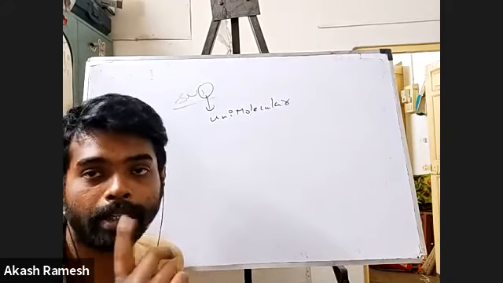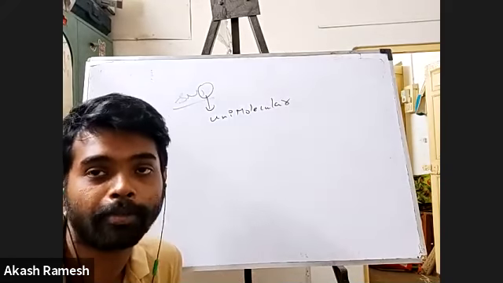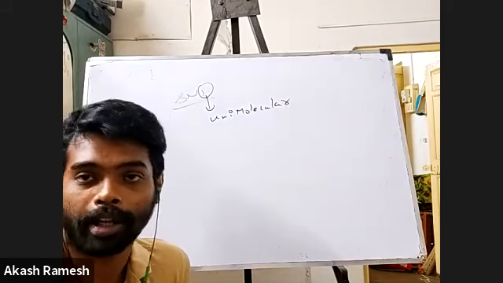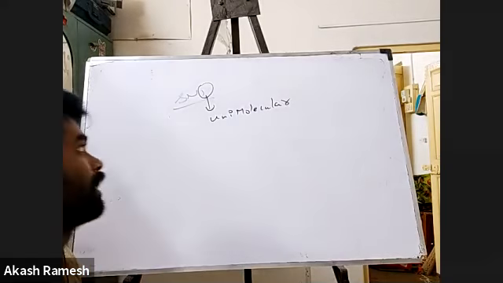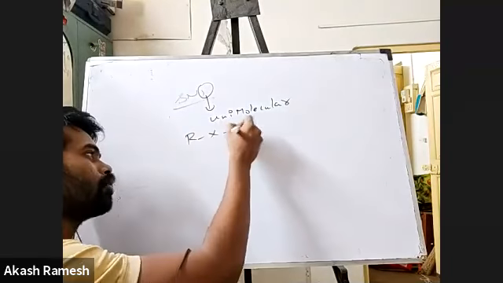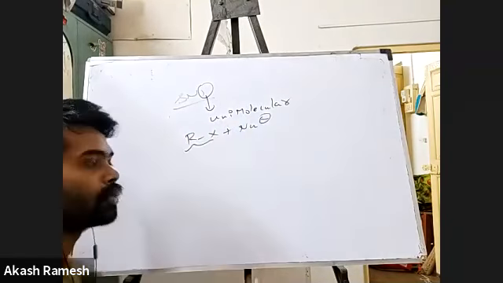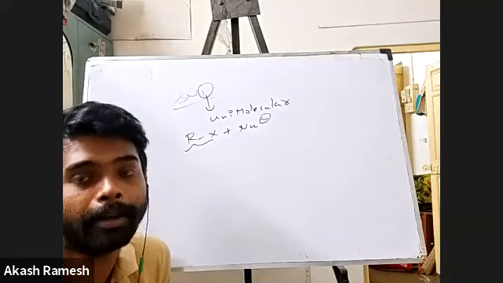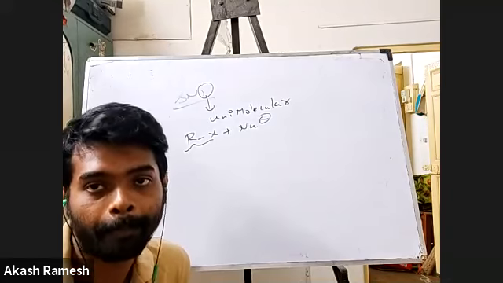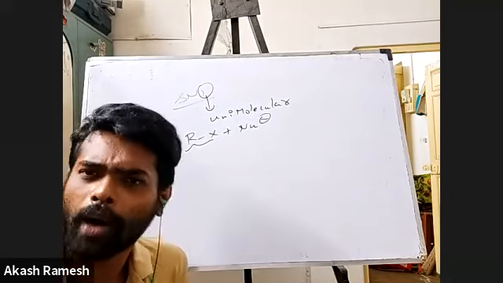Unimolecular means the order and molecularity are the same for elementary steps, so here the order is 1 and molecularity is also 1. In this case also I have 2 reactants, the RX and the nucleophile, but still I say that the order is 1. Now how can the order be 1?